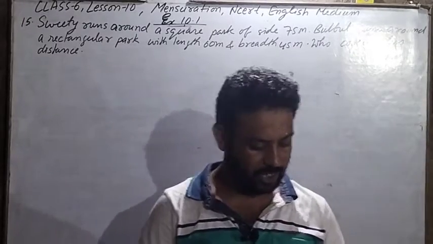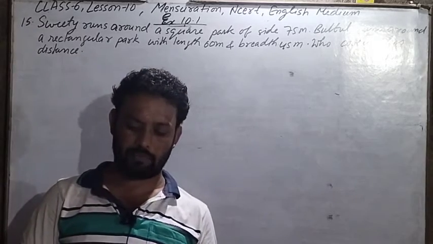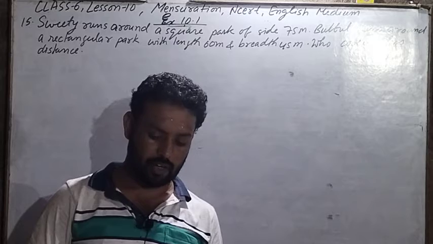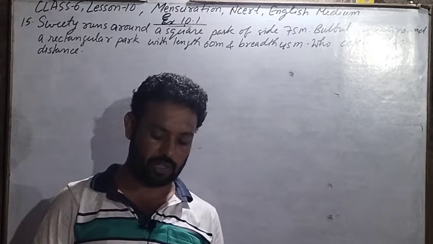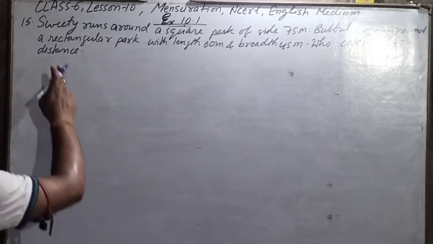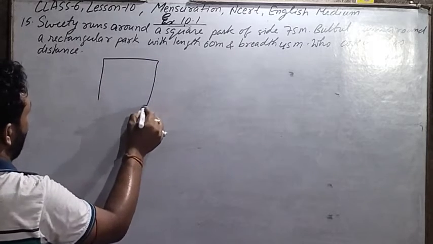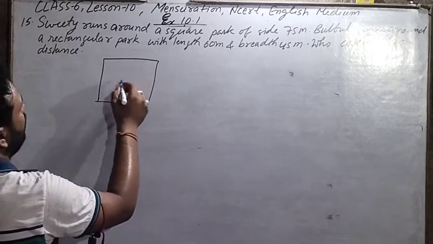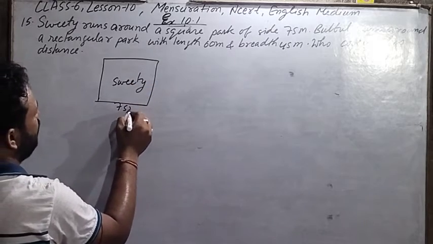Question number 15 is: Sweetie runs around a square park of side 75 meter. Bulbul runs around a rectangular park with length 60 meter and breadth 45 meter. Who covers less distance? Means Sweetie is running around a square park like this park, of side 75 meter.